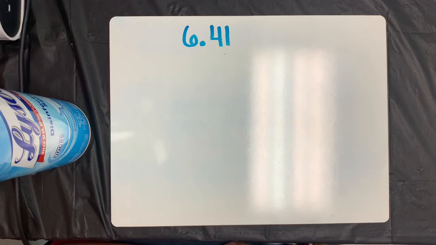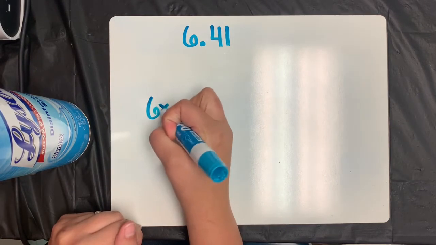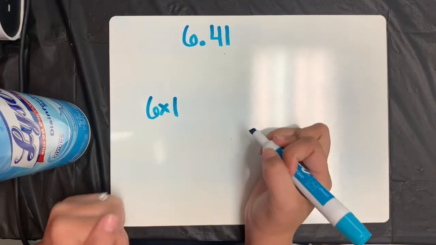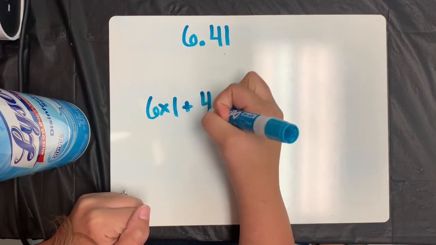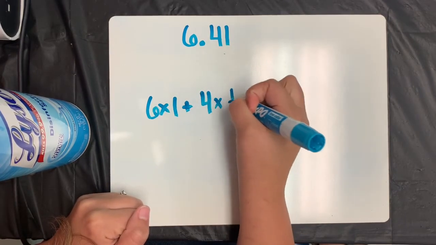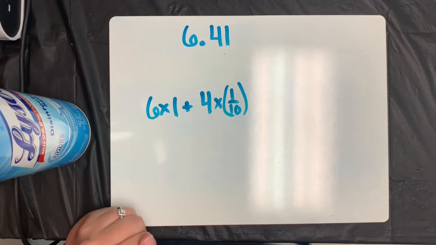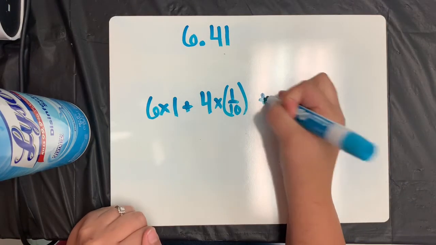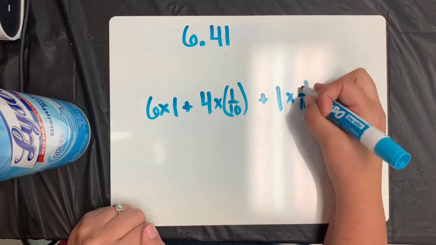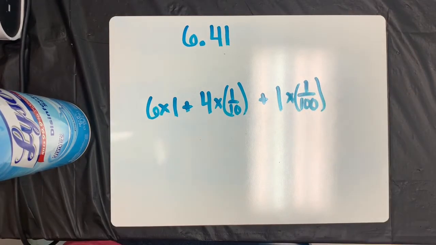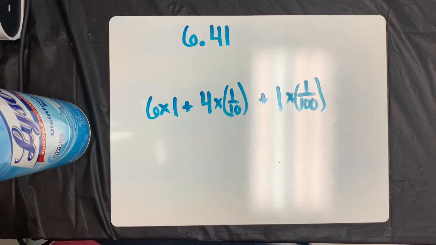If I wanted to write it out in expanded form, I would do 6 times 1 because there is a 6 in the ones place, plus 4 times 1/10th because there is a 4 in the tenths place, plus 1 times 1/100th because there is a 1 in the hundredths place, and that is the expanded form of that number.